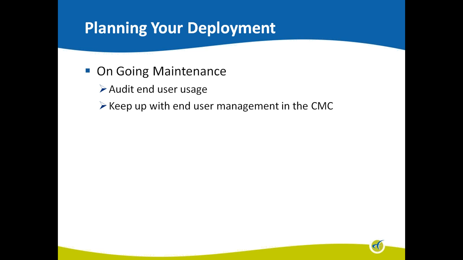Also look at usage that's odd for end users, and leverage the auditing information inside of Business Objects. Build a report that shows when people are logging in and the number of failed login attempts. Keep up with end user management inside the CMC.